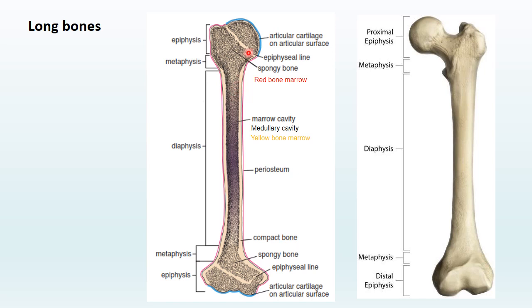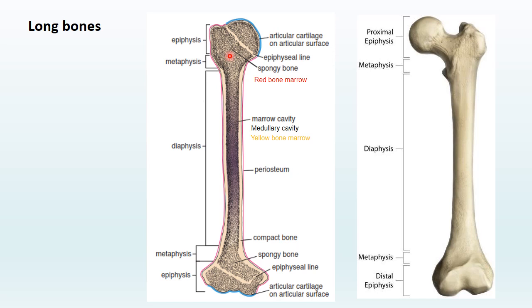However, spongy bone is only found in the extremities, in the epiphyses of the long bone, while the diaphysis is composed of a cavity. This is called medullary cavity or marrow cavity.